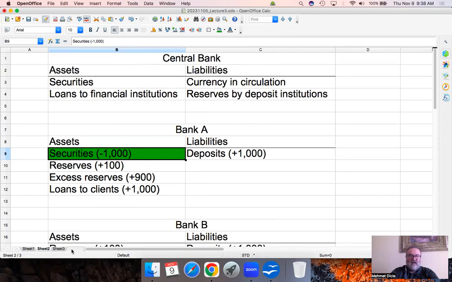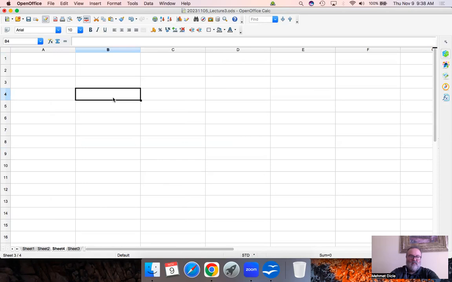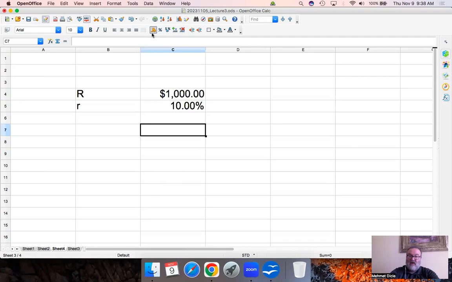So if that is the case, in this case excess reserves is zero, so total reserves is increased by $1,000, and the required reserve ratio is 10%, then the deposit that it can create is this divided by that. That's about $10,000, right?